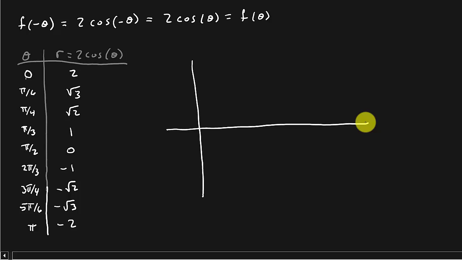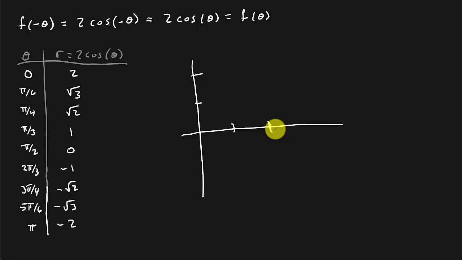So let's say we've got 1, 2, 1, 2, and we'll see how good we can draw this. Let's see, right there, maybe about right there. All right, so my marks are not evenly spaced, so my graph may look a little funny.